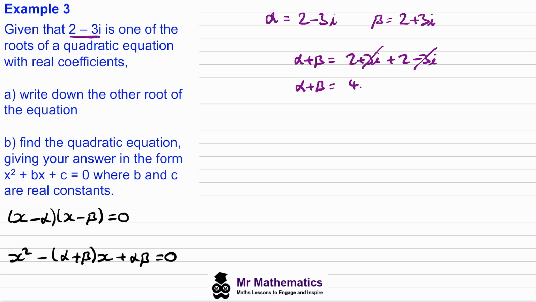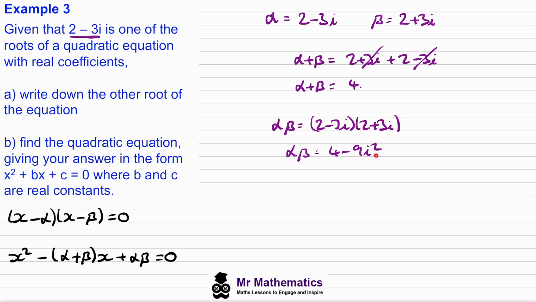And then for our constant, we can just work out alpha beta. So 2 minus 3i multiplied by 2 plus 3i. We can expand this out, so we get 4. The plus 6i will cancel with the negative 6i, and then we get negative 3i multiplied by 3i to give us 4 minus 9i squared.